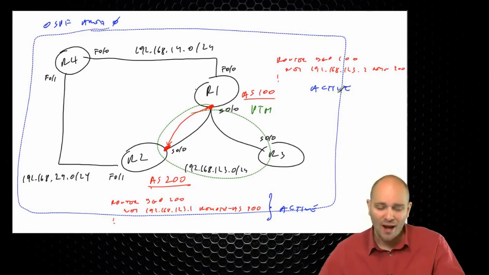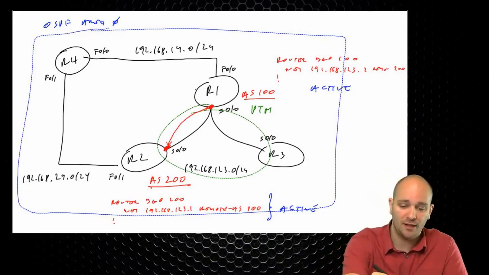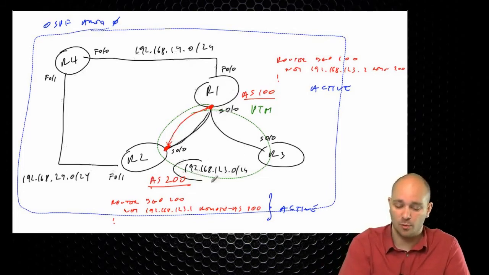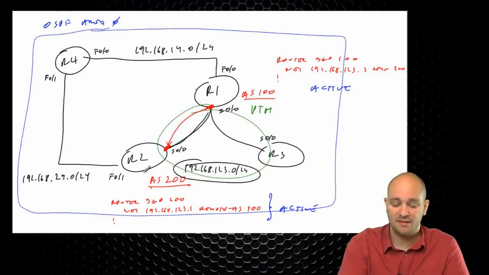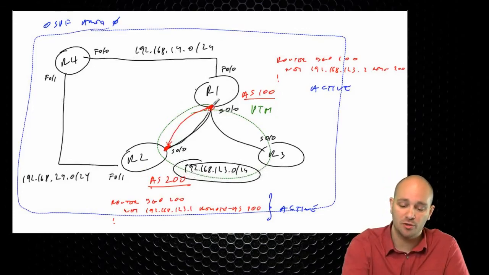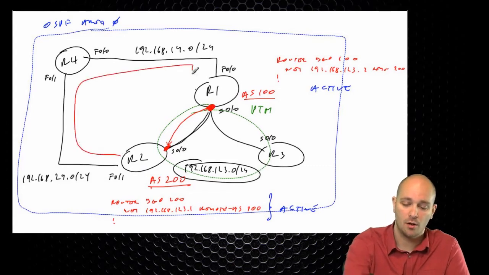Now, why not? Well, we have to take a look at what is happening in our network. This here is a directly connected /24 route. But the path that R2 will take to actually reach this interface here will be this. Because if this is a serial interface, the cost on this interface is 64. The default cost here is 1.